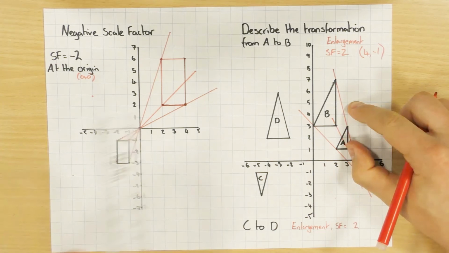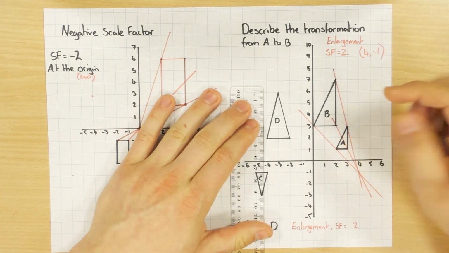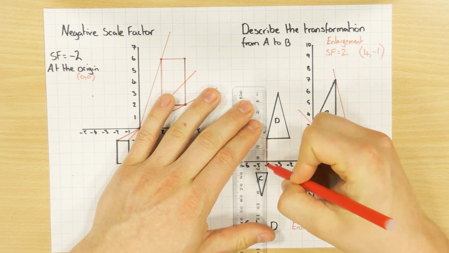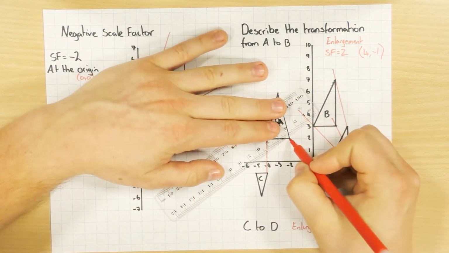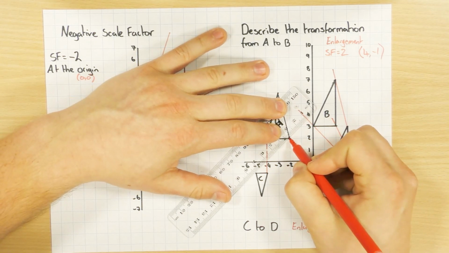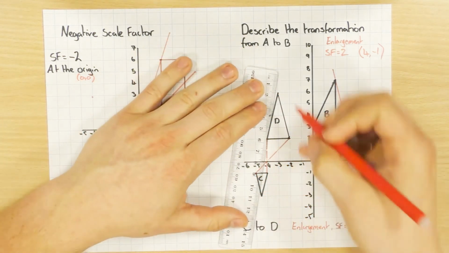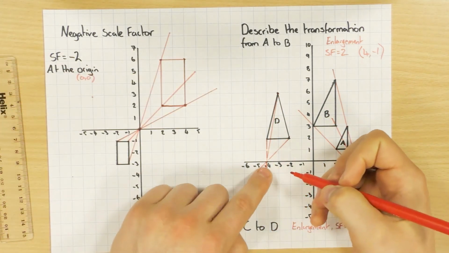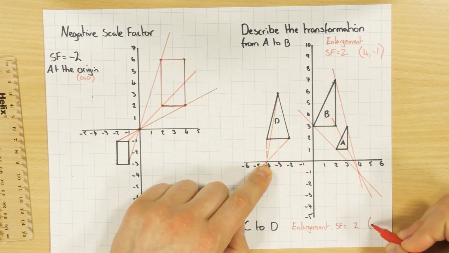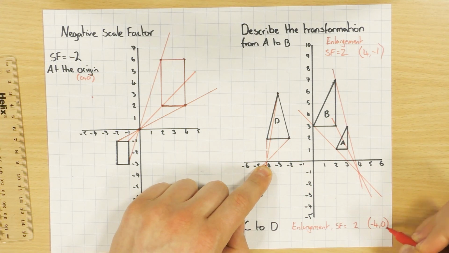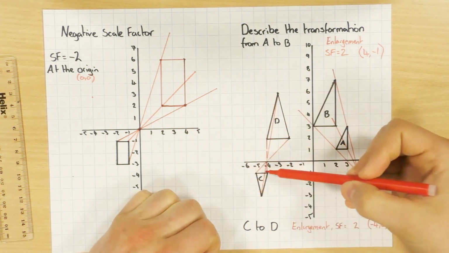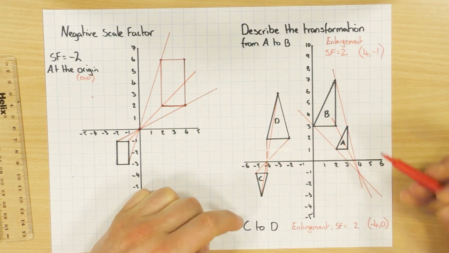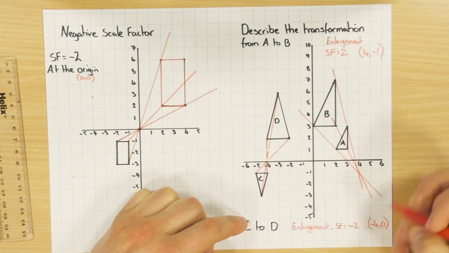And this is where it gets a bit more interesting, because if you now try and work out the centre of enlargement, you might have noticed it doesn't look 100%, because just like in my previous example, well, the centre of enlargement is there, that's not a problem, it's minus 4, 0, but look, just like before, it's on the opposite side of the centre of enlargement. So it's actually not 2, it's minus 2, it's a negative.